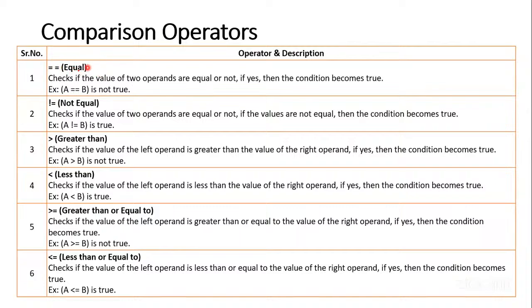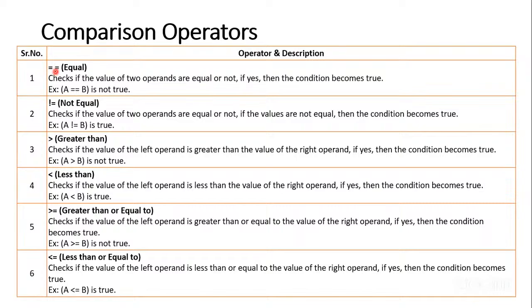Is equal to, and not equal, exclamation symbol and equal. Generally we call it equal, but if you write the equal sign one time, that is called the assignment operator. If you write two times, then only it is called equal.